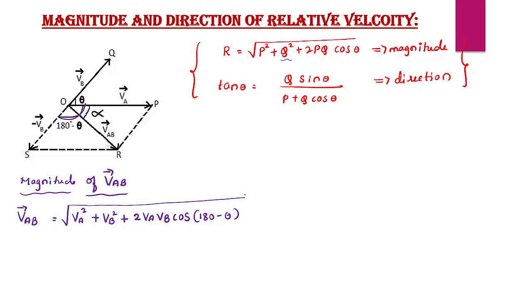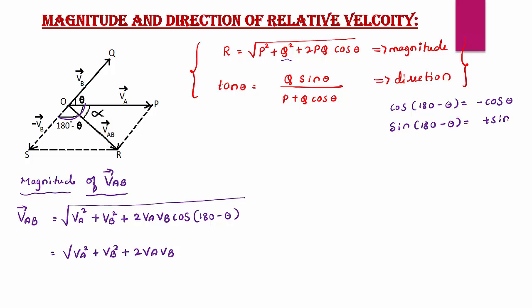Yes, now let us solve the magnitude. Square root of VA square plus VB square plus 2VA VB. What is cos of 180 minus theta? See here, cos of 180 minus theta is equal to minus cos theta. Got it? Similarly, sine of 180 minus theta equal to plus sine theta. These two values you have to remember. Now here this is cos of 180 minus theta, so I can write minus cos theta.